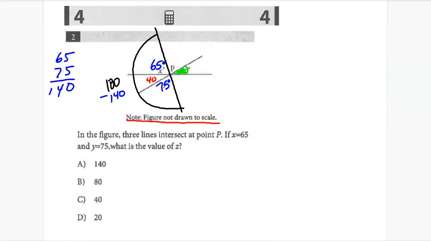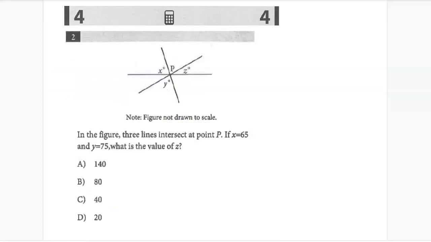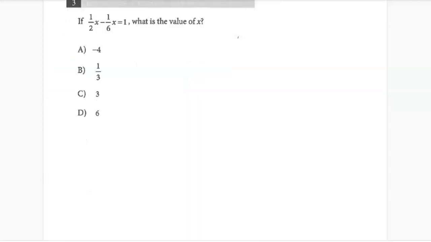So this angle is 40. And now we can use another property called vertical angles, where when 2 straight lines cross, these opposite angles right here, or vertical angles, must be equal to each other. So correct answer for this one is C, 40 degrees. Moving on down, number 3.